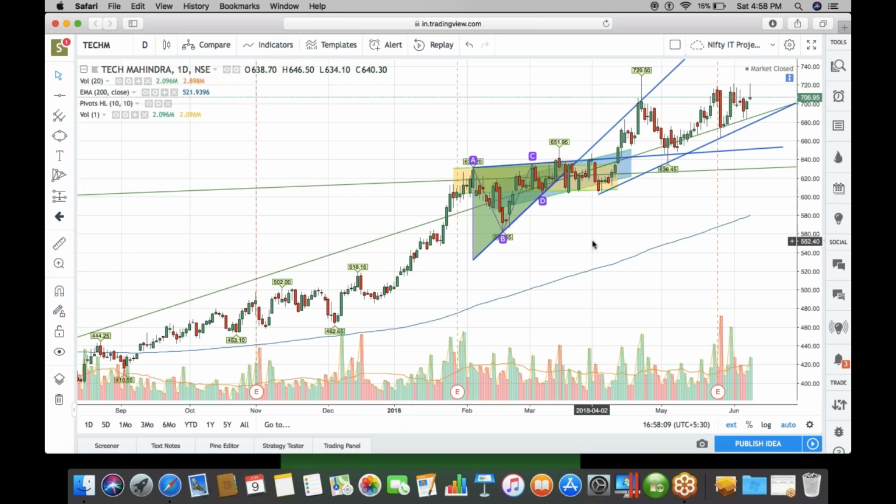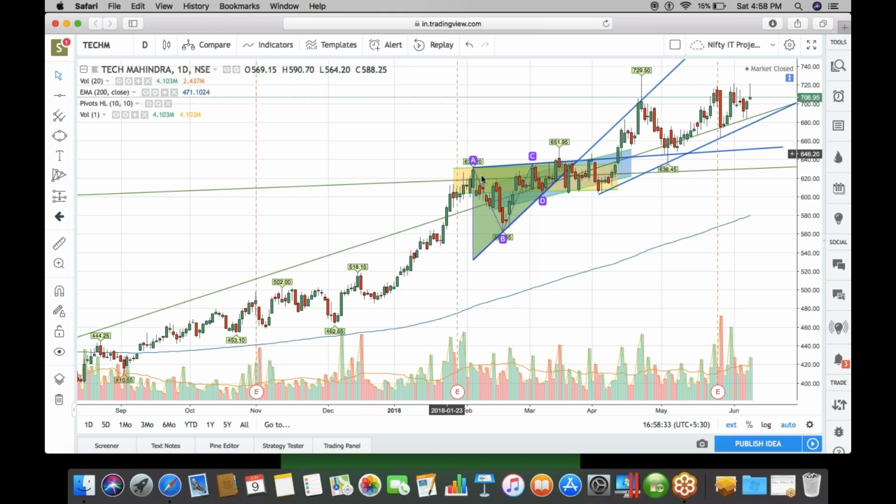What I mean to say is that always trade in the direction of the previous trend. Do not trade in the opposite direction. Whenever there's an uptrend and there is an upside breakout, trade it. If there's an uptrend and there's a downside breakout, avoid trading it.